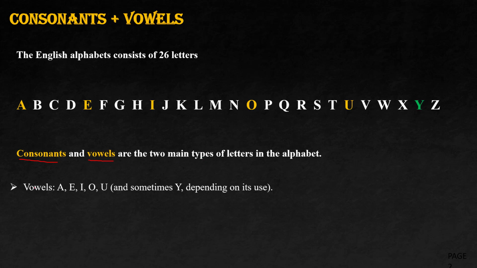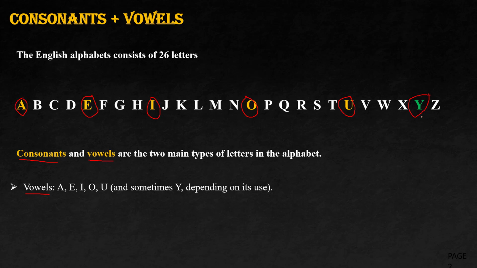Now, when it comes to vowels, we call A, E, I, O, U the main 5 vowels, and then Y is a vowel depending on its use.